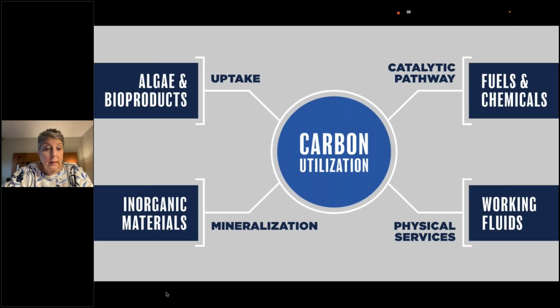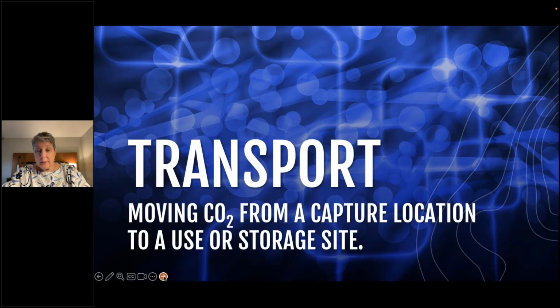All of those are ways that we can use carbon dioxide, and we use quite a lot of it. Transportation is the moving of that carbon dioxide from the location where you captured it to where you're going to use it or store it. That can be done by truck, by ship, or by pipeline. It's literally moving compressed carbon dioxide from one location to another.